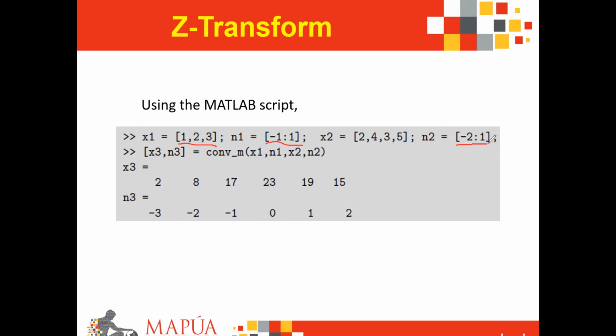Then here, it is negative 2 to 1. This means this starts at n equal to negative 2 and this ends at n equal to 1.